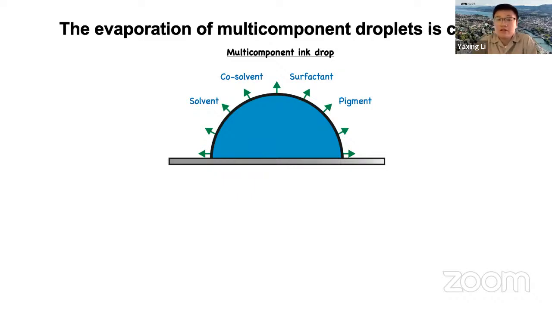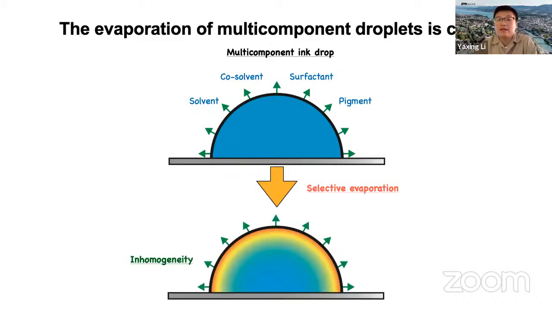But a typical inkjet drop consists of multiple components. So it's a very complicated system. Normally you have solvent, co-solvent, surfactants, pigments. They all have different properties. They have different viscosity, density, surface tension, but most importantly, they have different volatility.